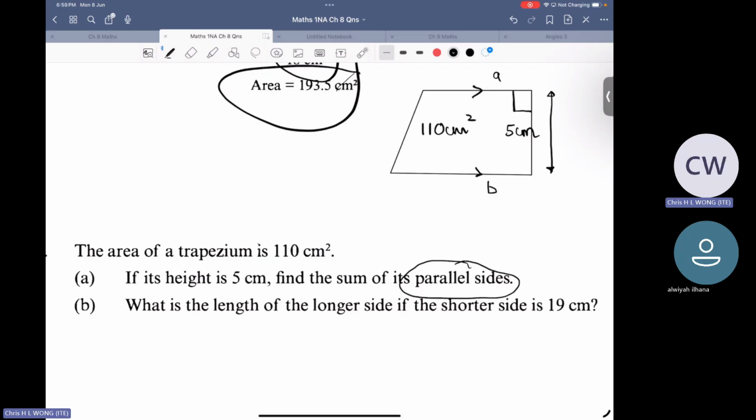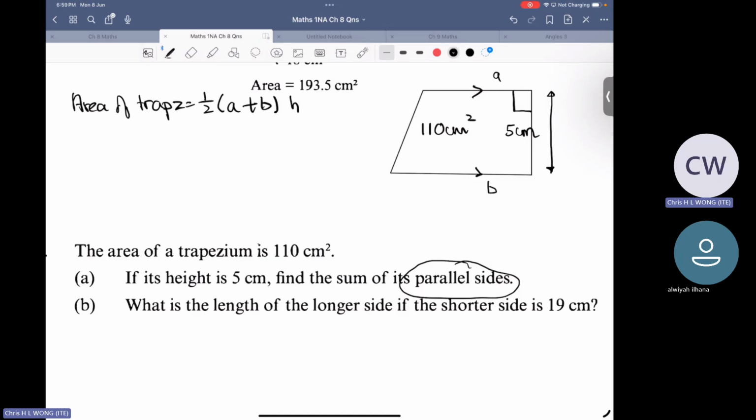If I put it into the formula again, I erase this first. I'm going to clear the area here. Area of trapezium equals half A plus B height. You're supposed to find this now. You don't need to know A or B, just find the total.